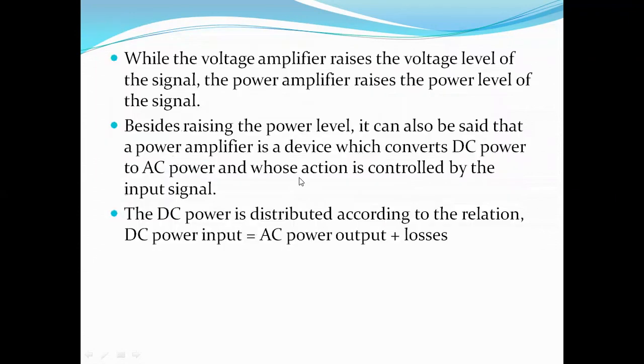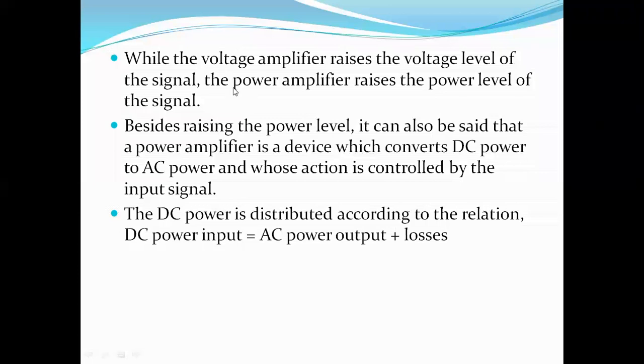Next, while the voltage amplifier raises the voltage level of the signal, the power amplifier raises the power level of the signal. Voltage amplifier means it raises the voltage level of the signal, whereas the power amplifier raises the power level of the signal.